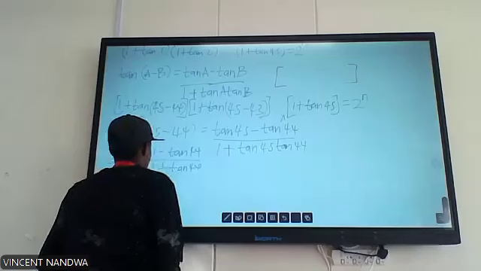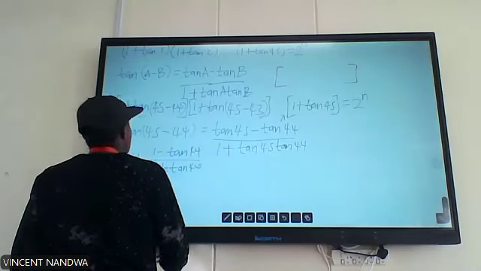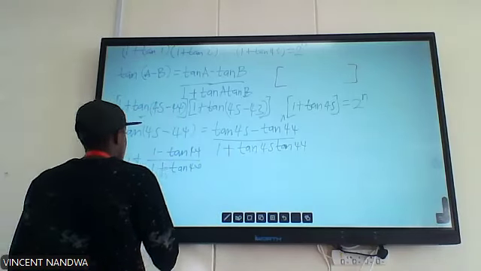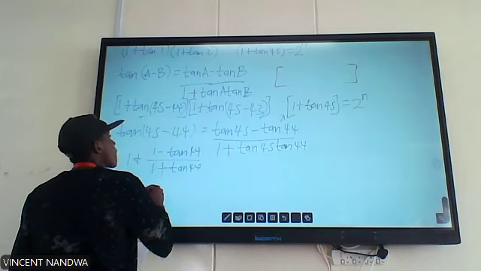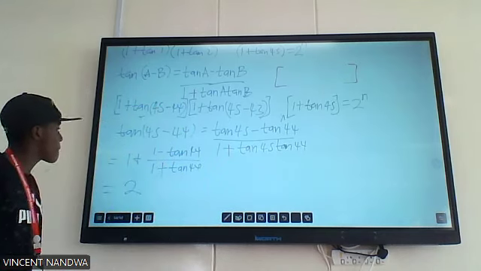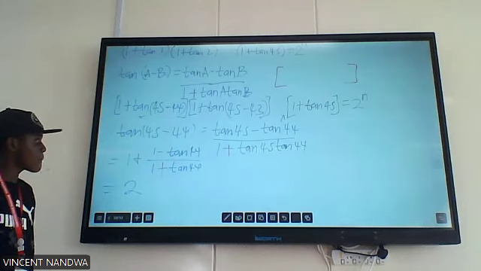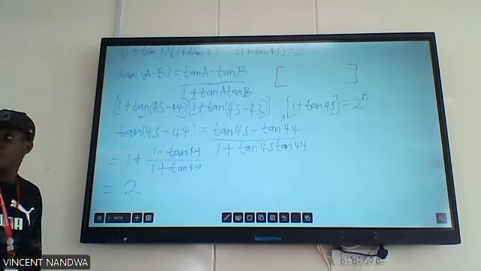So the 2 comes out clearly from the bracket, along with the other.